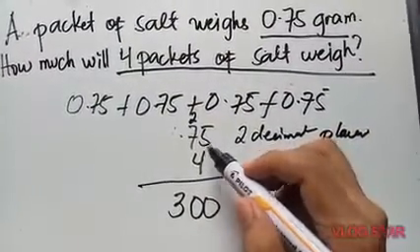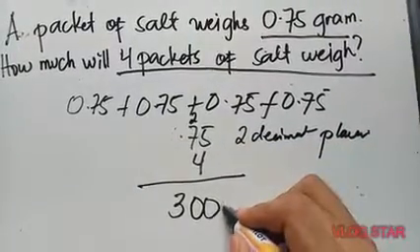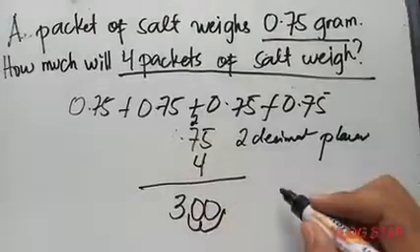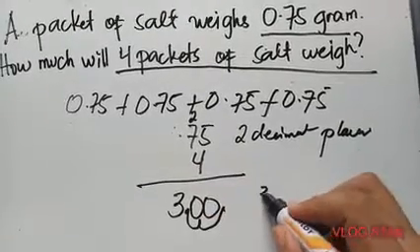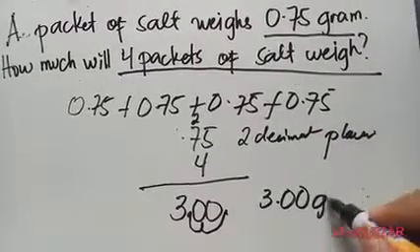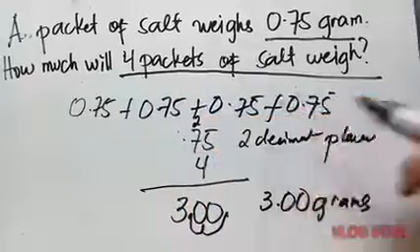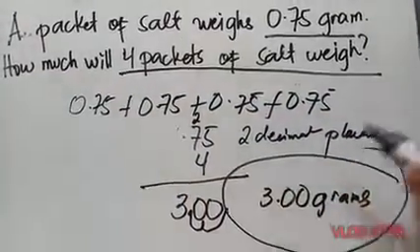Then after that, move the decimal. Since we have 2 decimal places, move 1, 2, making the answer 3.00 or 3. It means that the weight of 4 packets of salt is 3 grams.